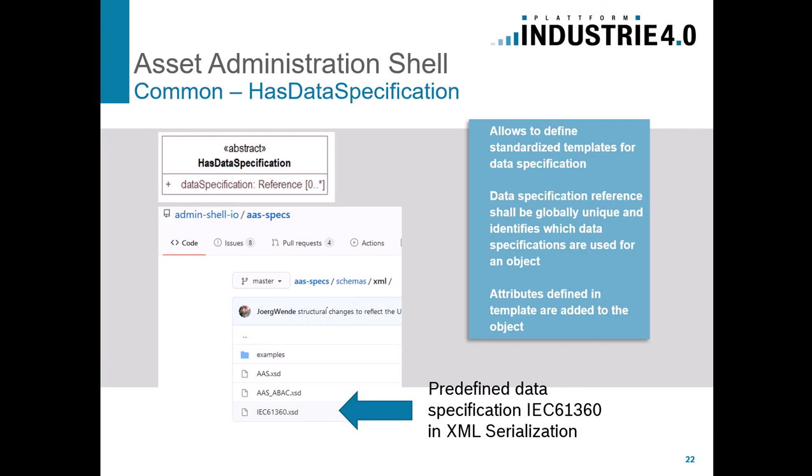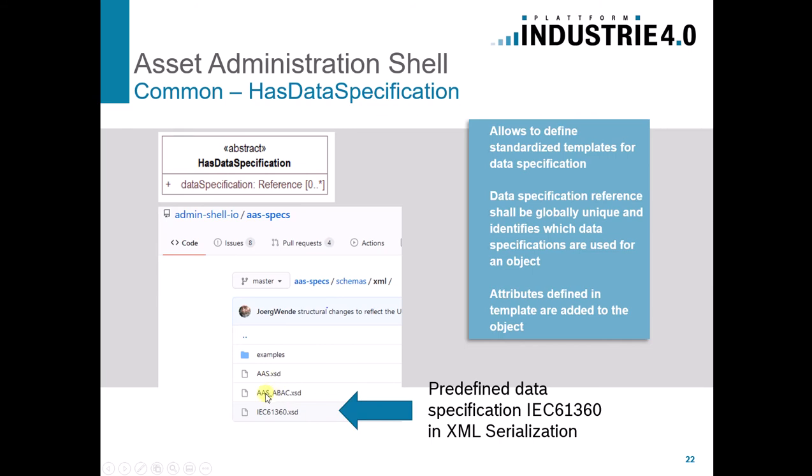And this is the abstract class HasDataSpecification. It's inherited by several classes, but up to now we only have data specifications predefined for so-called concept descriptions and not for the other elements. And you see here that in the XML schema, the schema is divided into 3 parts. The asset administration shell itself, then the security part.